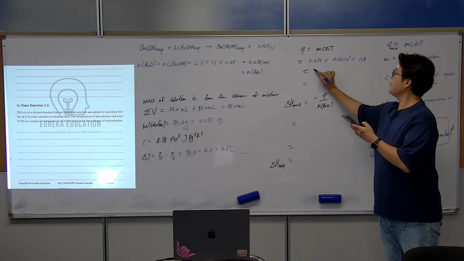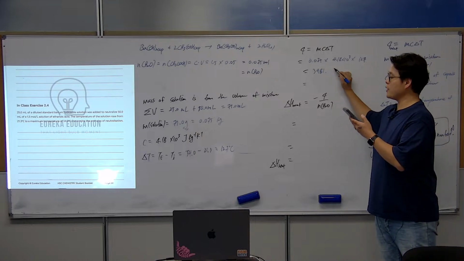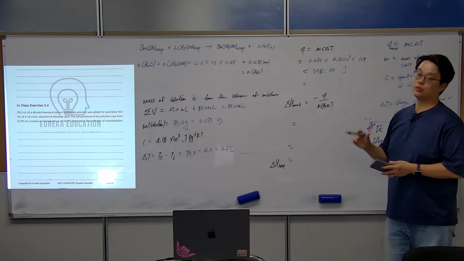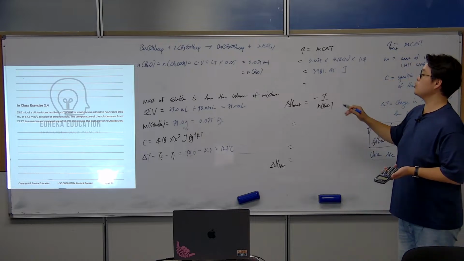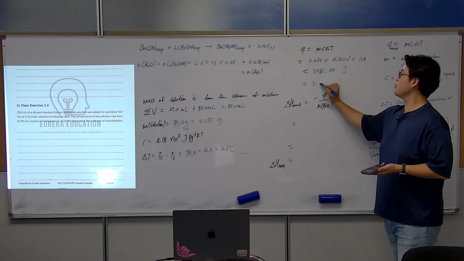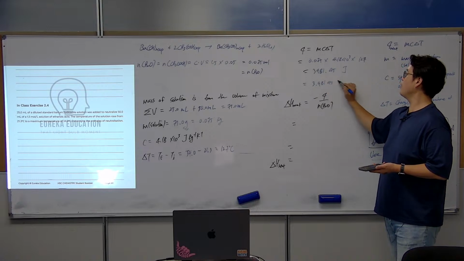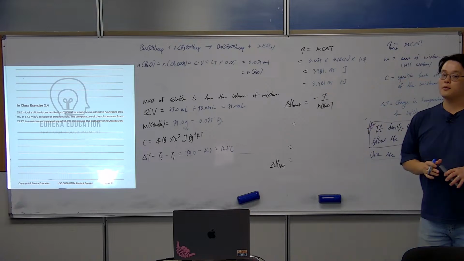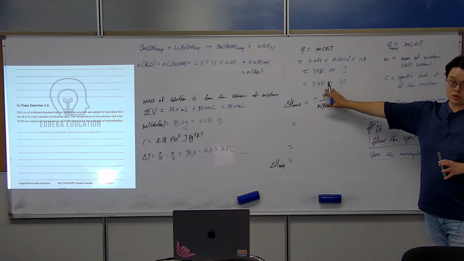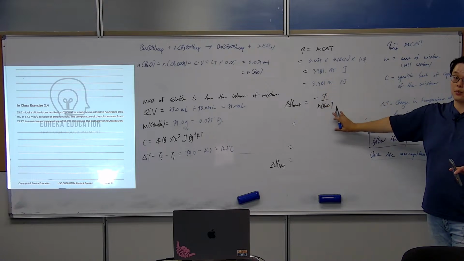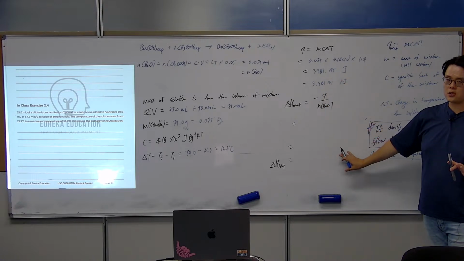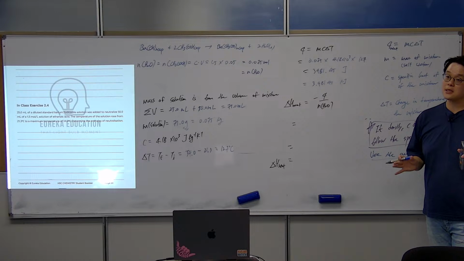You get 3981.45 in joules. And make sure you convert that into kilojoules. That is 3.98145 kilojoules then. I'd rather put the exact values during your calculation, because later on we're going to use that value to calculate the final values, and I don't want to get any sig fig errors in this case.